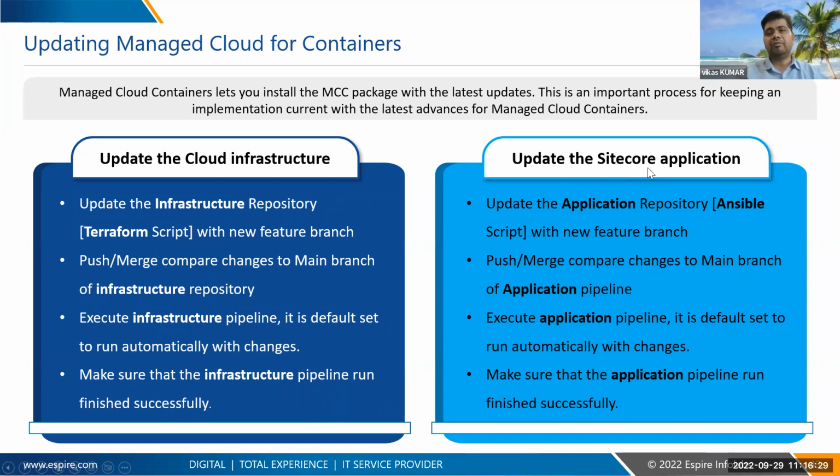And similarly, this is the Terraform. Again, if you want to update the Sitecore application, that's written in Ansible scripts or playbooks, right? So you check out the code, create a feature branch out of it, publish your changes, and then execute the application pipeline. It will run automatically anyway with the changes. We can change our configuration, but by default it runs automatically.